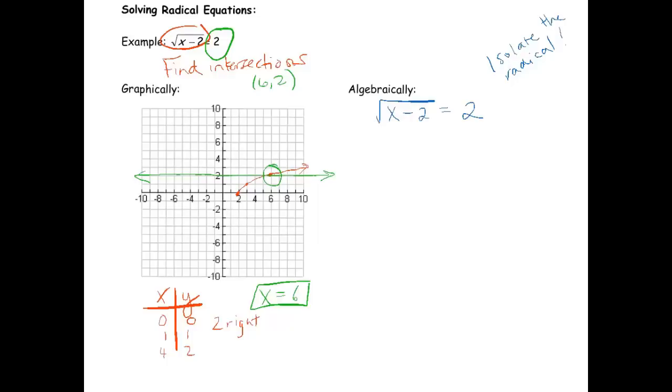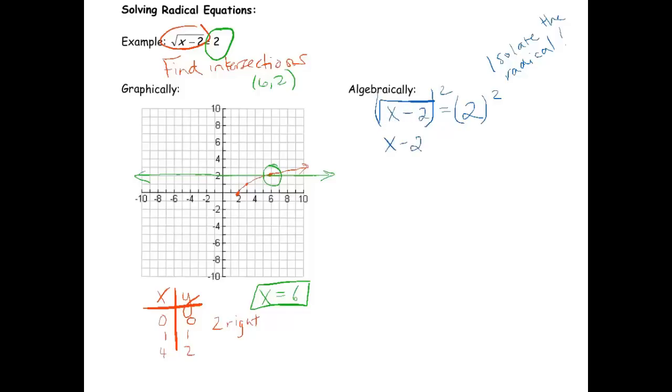Once that happens, you want to square both sides of the equation. The reason you want to do that is because squaring is the inverse of square rooting, meaning they undo each other. So this little 2 cancels the square root but leaves everything else inside.